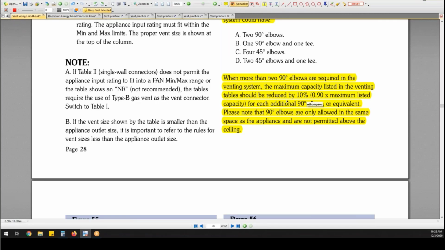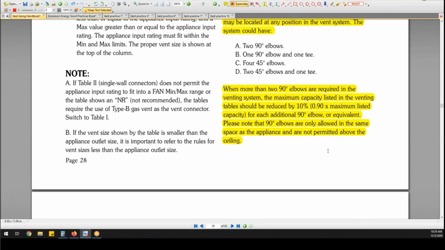Tables should be reduced by 10%. So because I lost 10%, it's 0.90. If I lost 20%, it's 0.80. If I lost 30%, 0.70. Again, I can't emphasize enough to you guys, the answers are all in the book.